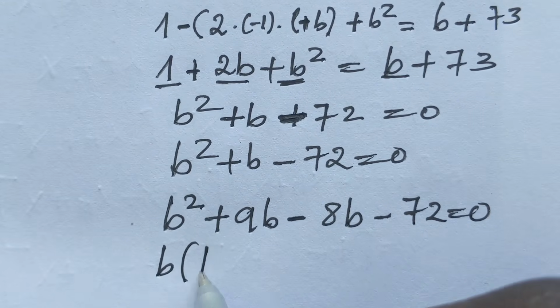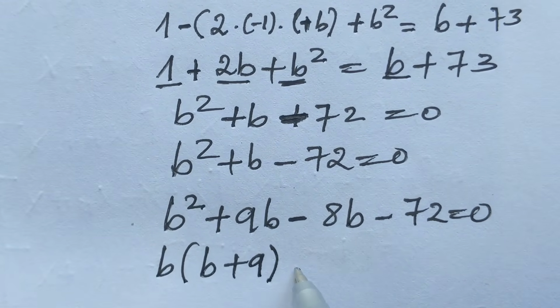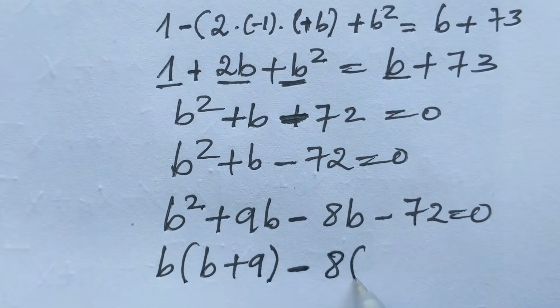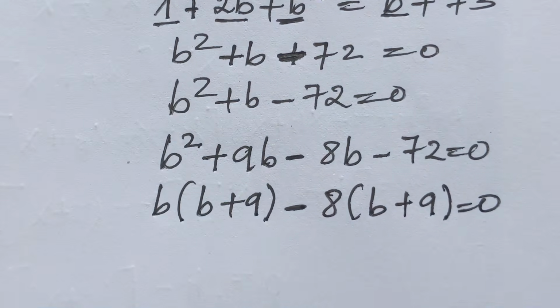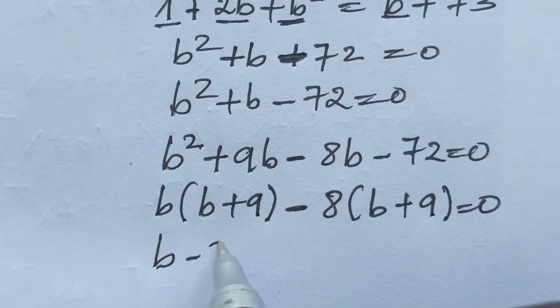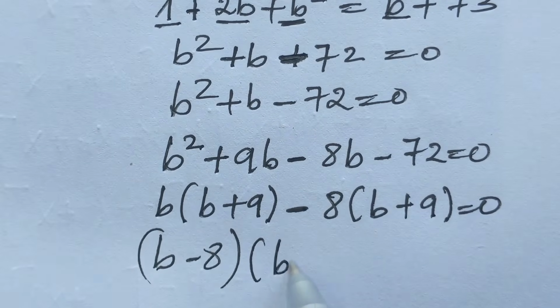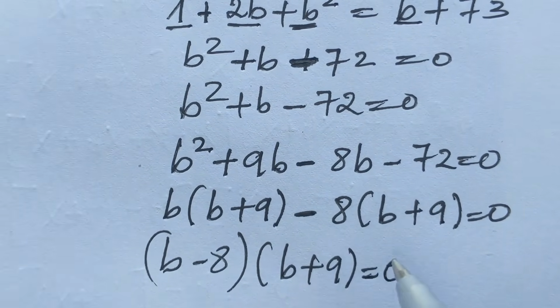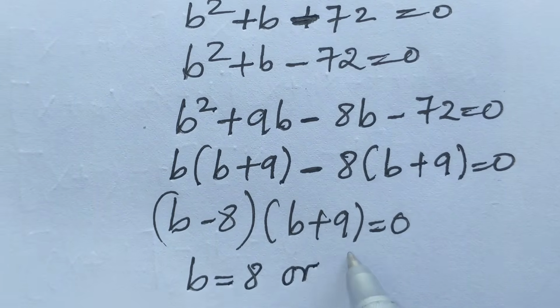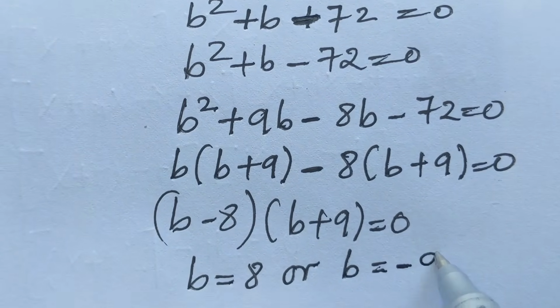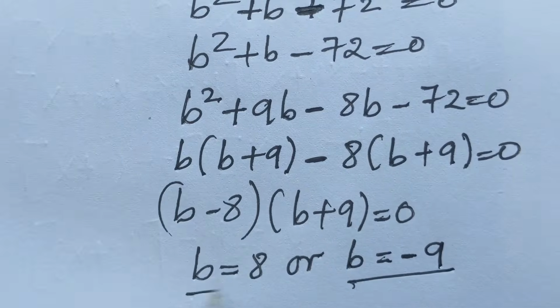Factorize b out to get b plus 9, then minus 8 to get b plus 9, which equals 0, then b minus 8 times b plus 9 will be 0, so b will be 8 or b will be negative 9 at this stage.